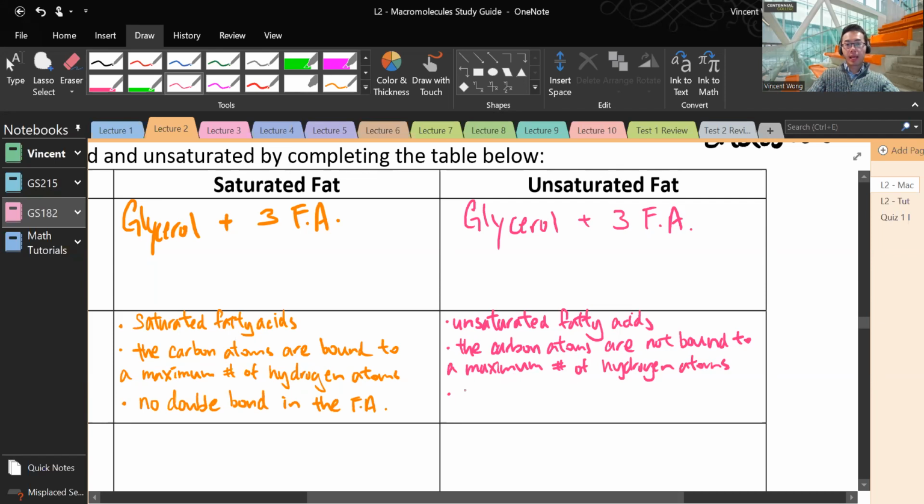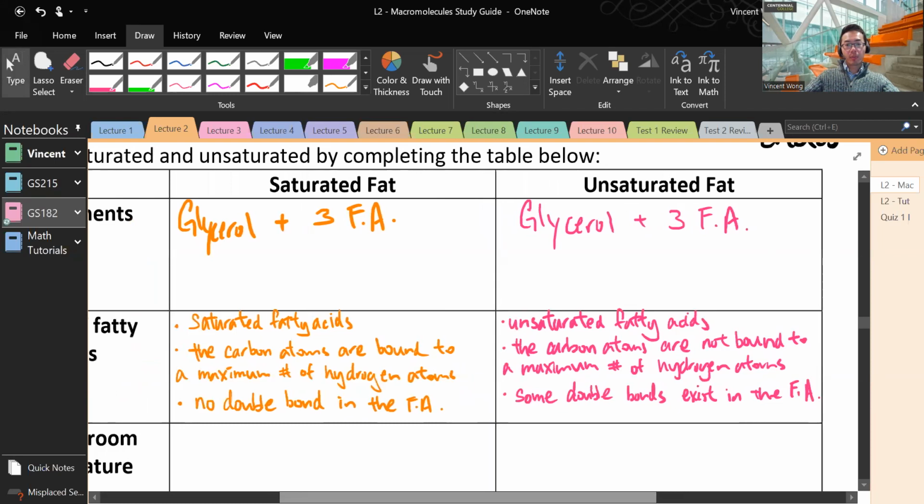And some double bonds exist. Could be 1, could be 2, could be a couple, in the fatty acids. I'll give you a moment to copy what you need.